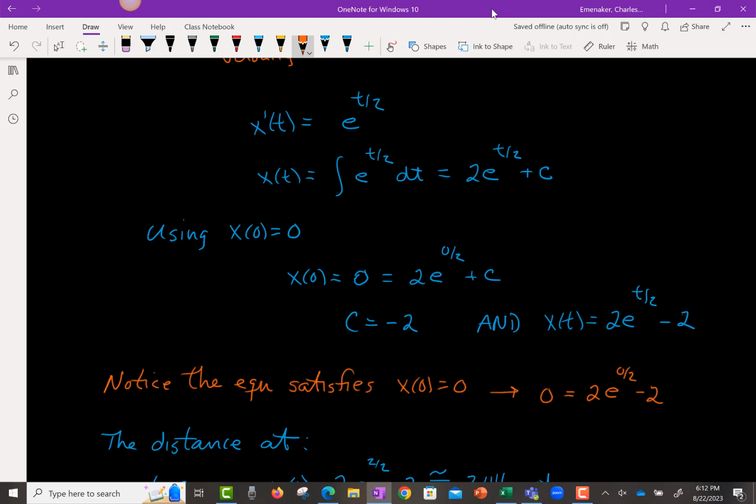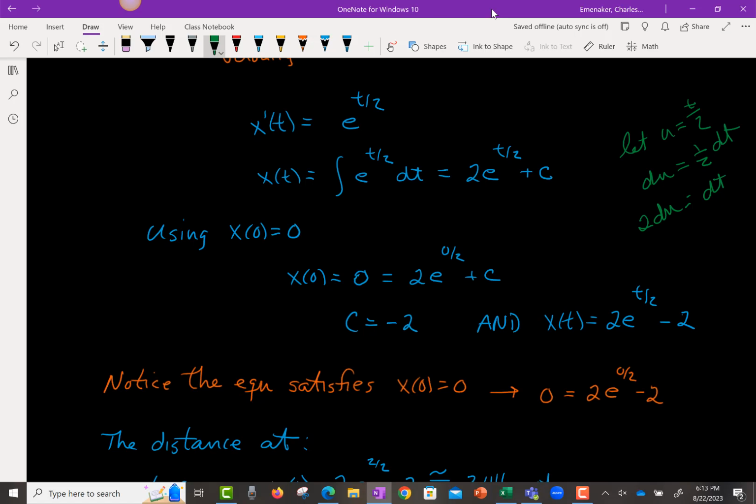Now, it may have been a while since you've done your integration, and you may be sitting there thinking, I'm not quite sure how that worked or where you got that. Just a quick reminder, one way to solve this is we can let u equal t over 2, du is 1/2 dt, or we get the dt is going to be 2 times du.